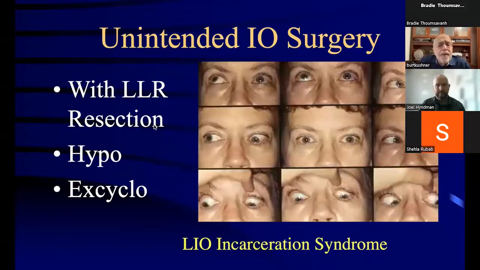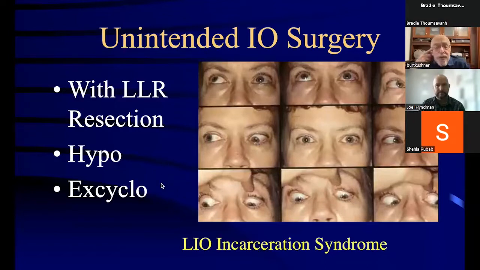This is a patient that had undergone a left lateral rectus resection. And you see, it doesn't show up very much there, a small left hypo, but look at that on attempted adduction, and there's an excyclo.